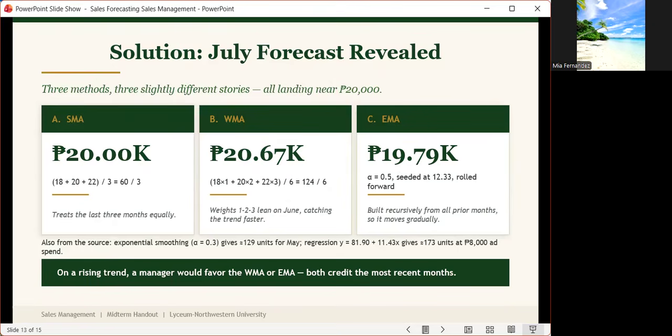So as you can see, the SMA is very neutral, whereas the WMA reacts fastest to the recent months, and the EMA is built recursively from all prior data. With a clearly rising trend like this one, a manager would favor the WMA or EMA, because both give more credit to the most recent and most relevant months.